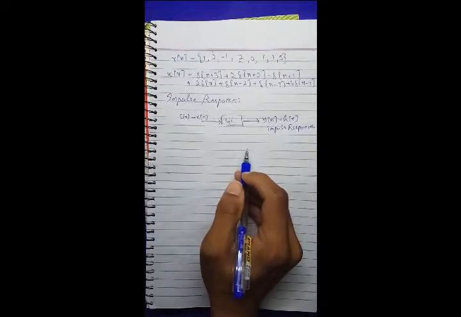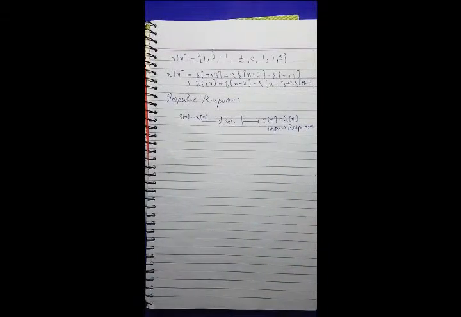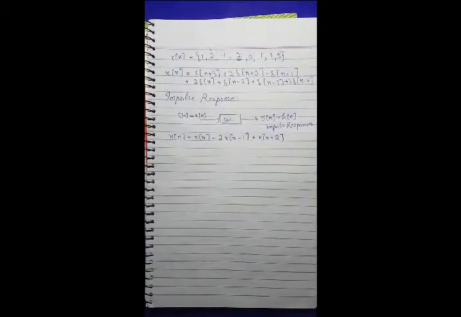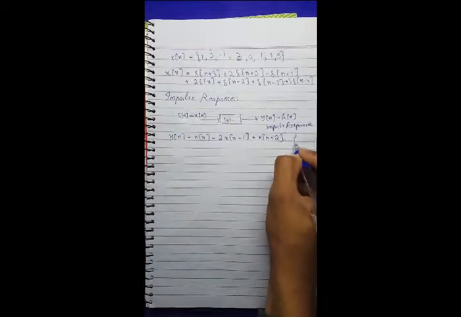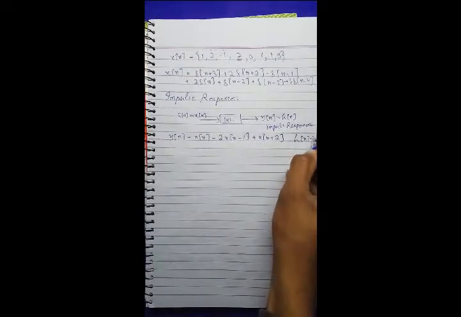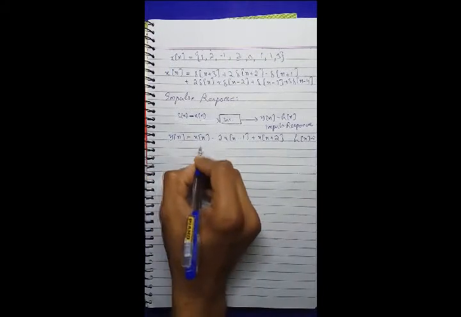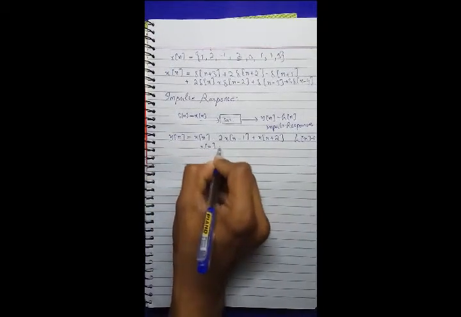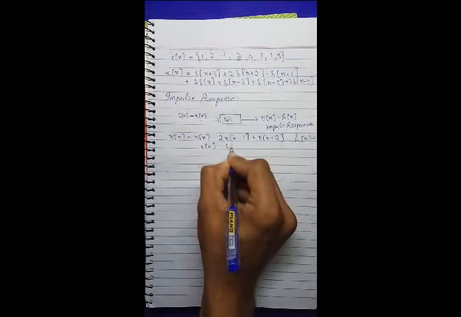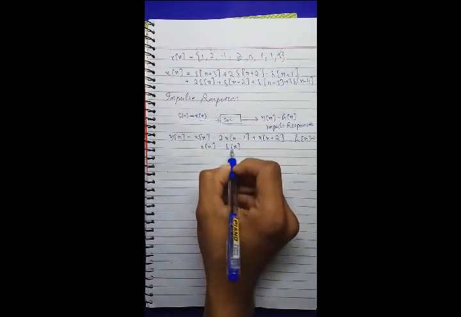Let's see this with the help of an example. Here we have the example that y of n is equal to x of n minus 2 into x of n minus 1 plus x of n plus 2. We have to calculate the impulse response h of n. So for impulse response, we take x of n as delta of n, because we have to find the impulse response.